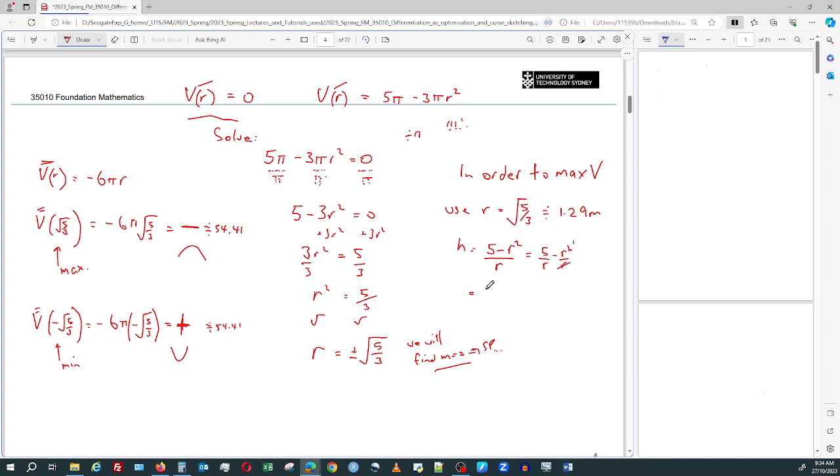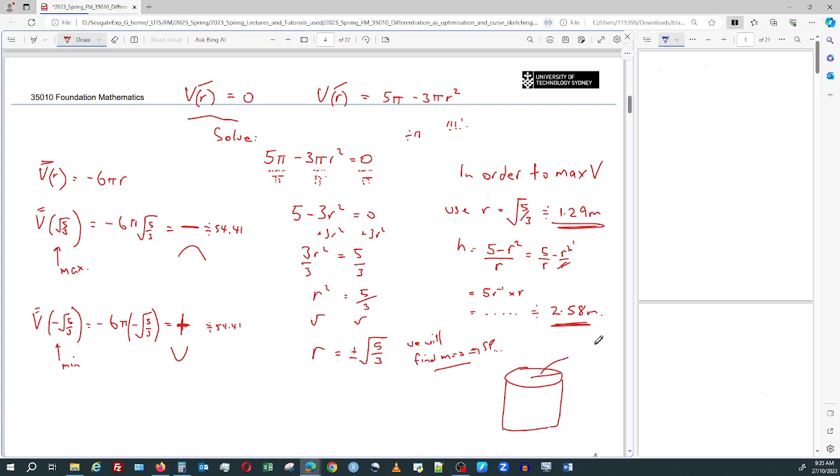So it becomes 5 on r, or r to the minus 1, minus r. And if we do that calculation, we'll get approximately 2.58. You've got to watch your decimals. So there are our two dimension values that we could put on our cylinder as having a radius and a height.